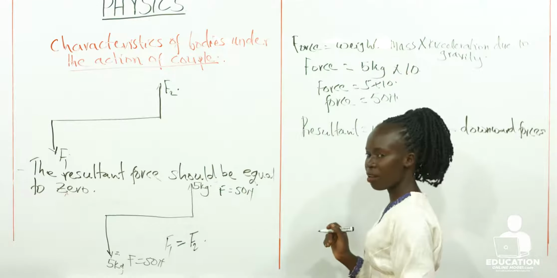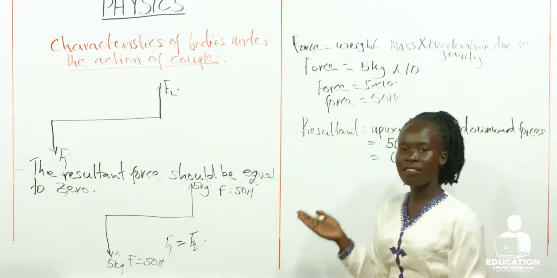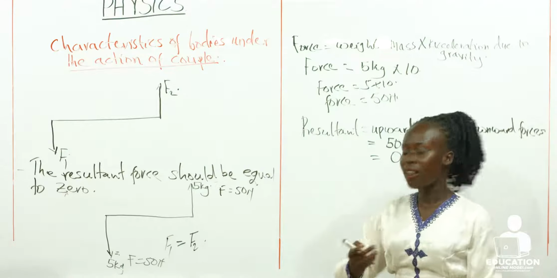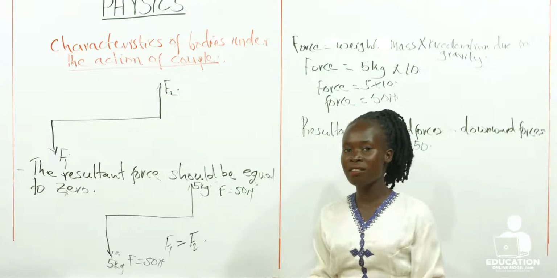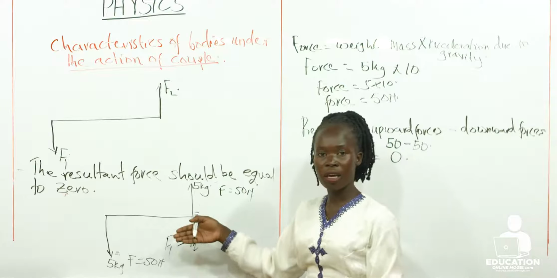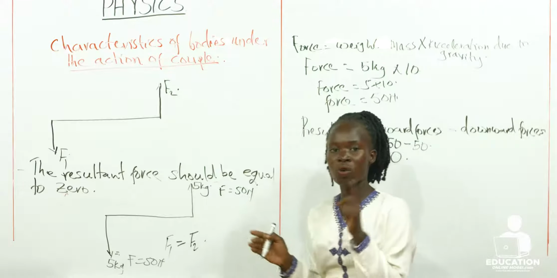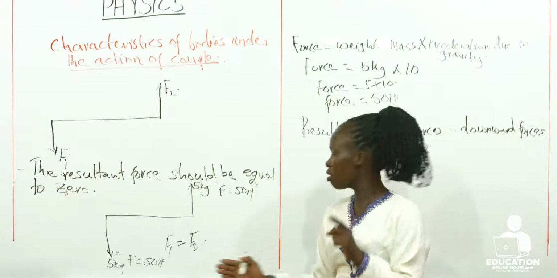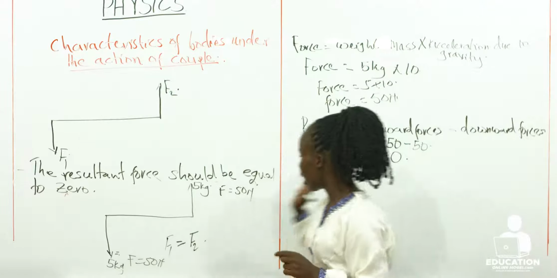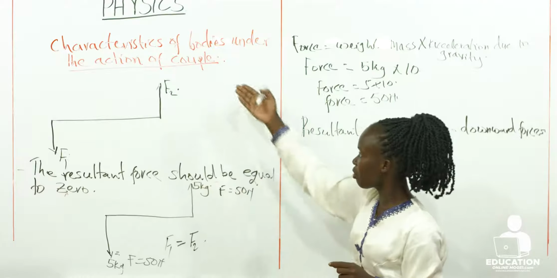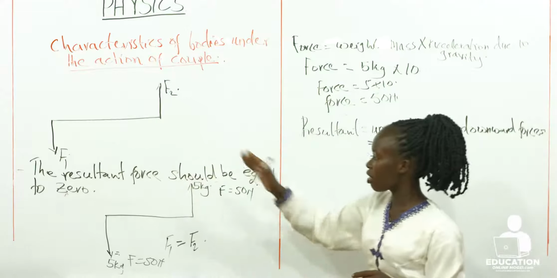Because a resultant force is just a single force that, when you apply it on the body, will give you the same effect as those forces you already had applied. So we are just converting these two forces into a single force. That means that when you convert this and you subtract these ones, you'll get 0, giving us the first reason as to why we have this characteristic there.